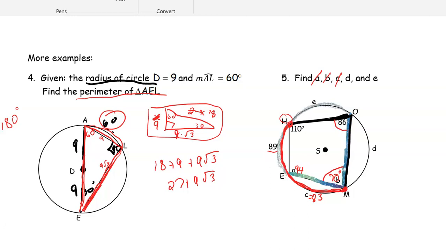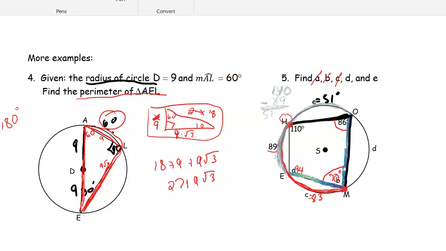So that big gray arc would have to be 140 degrees. But we already know 89 of it here. So if we subtract 89 from the 140, what that would give us is 51 degrees. So that we would then know that the E would have to be 51 degrees.